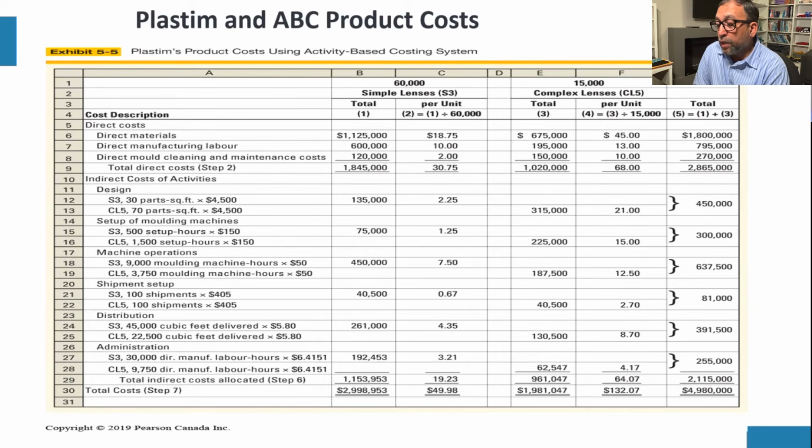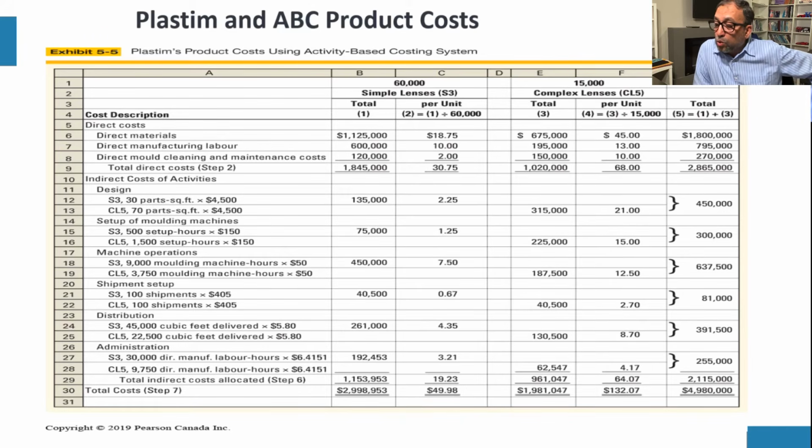Now, one more thing we did is take out the direct mold cleaning and maintenance cost for both the products. This direct mold cleaning and maintenance cost is 120,000 for simple lenses and 150,000 for complex lenses.